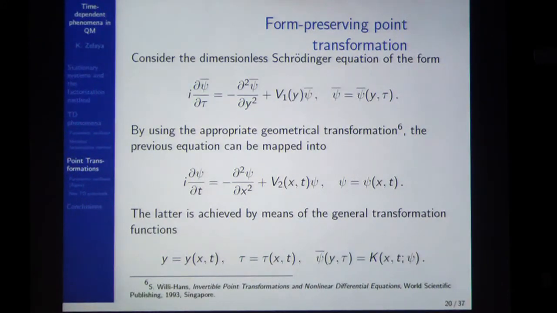For the time being, I don't want to deal with nonlinear equations. I just want linear ones. So I will restrict these transformations like this, and this is the most important, because if I find this relation, I can connect the solutions of the new Schrödinger equation with the previous one, and vice versa. I can go back and forth.